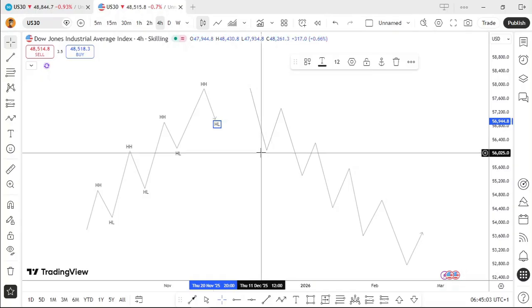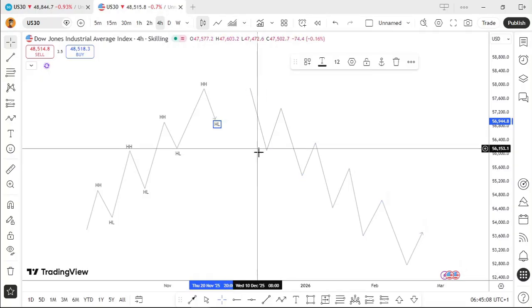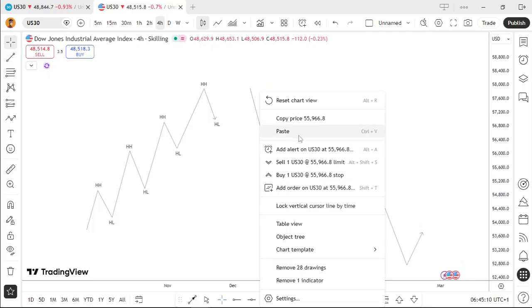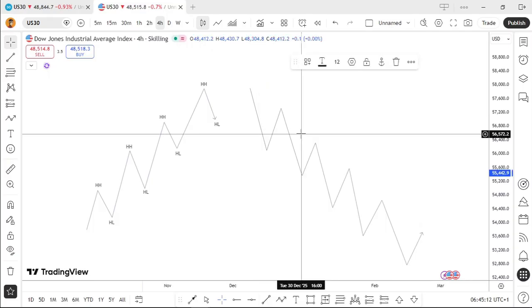Then the opposite movement, which is the lower low and lower high.